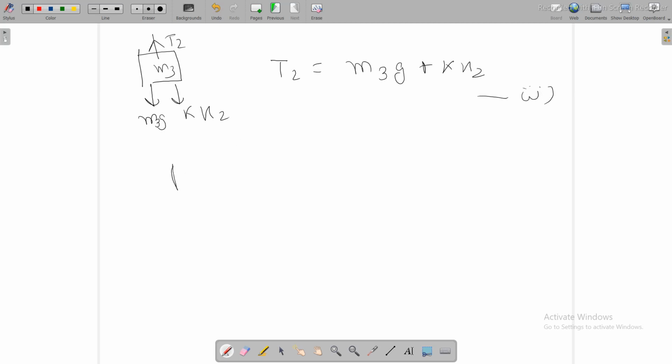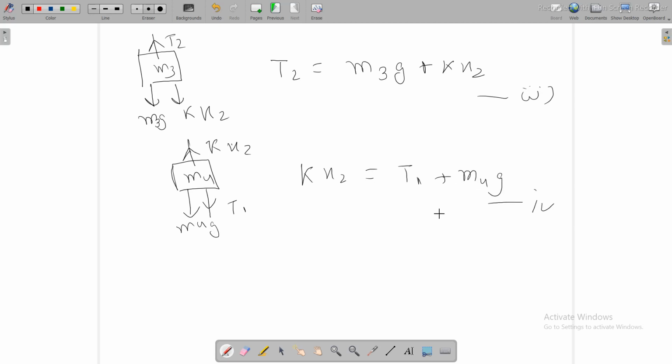Similarly for m4, there will be kx2, tension T1 and weight force m4g. Therefore kx2 will be equal to T1 plus m4g. This will be equation 4.